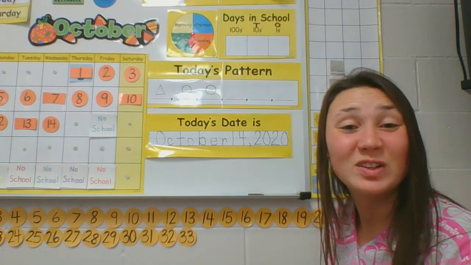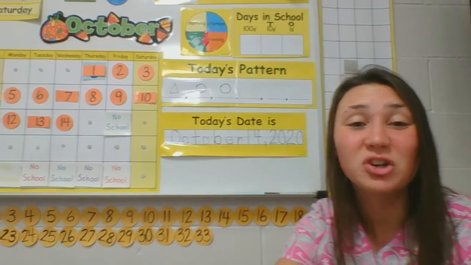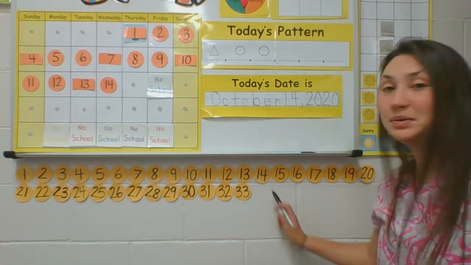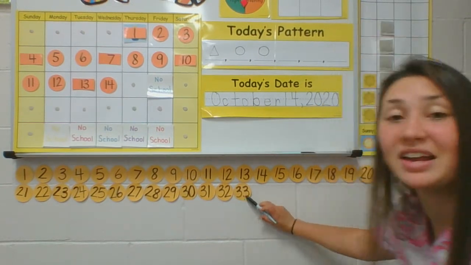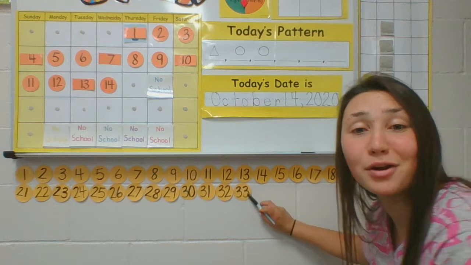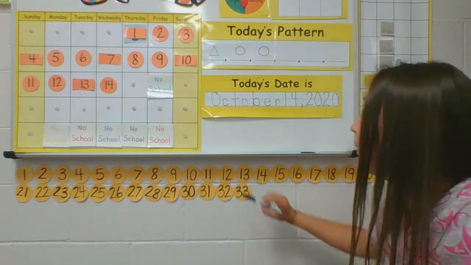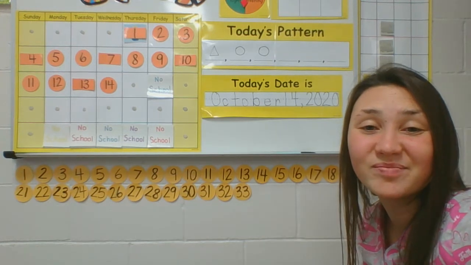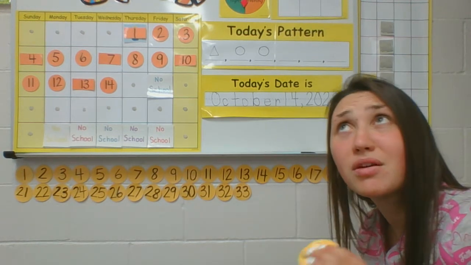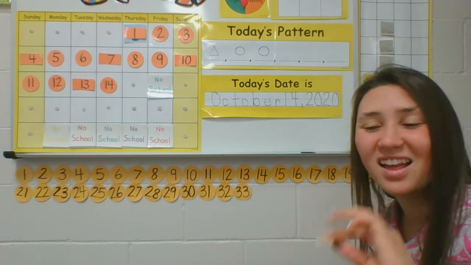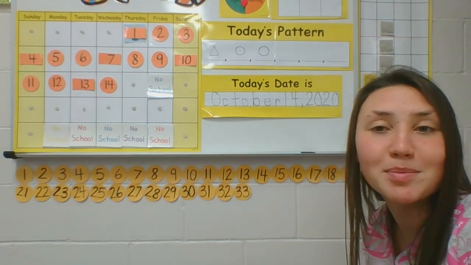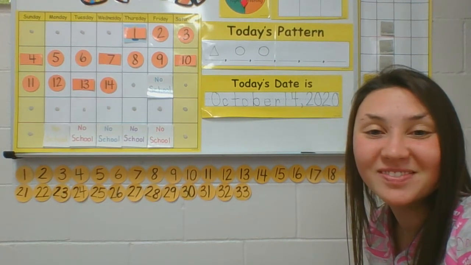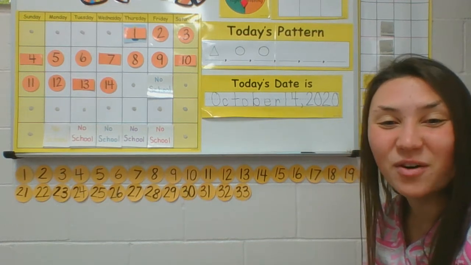Let's move on to our number line to show how many days we've been in school so far. Whew, look where we are. Yesterday was our 33rd day in school. What number comes after 33? 33, 34, right? And what two numbers make 34? A 3 and a 4, right?